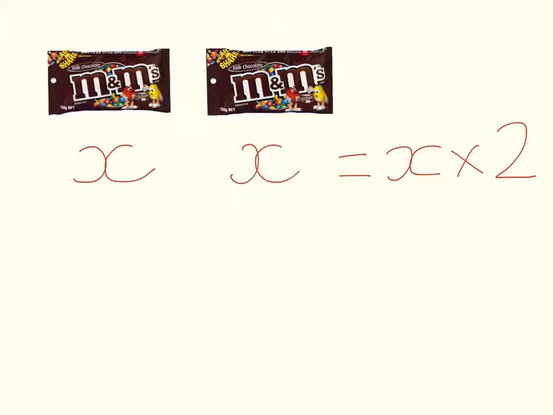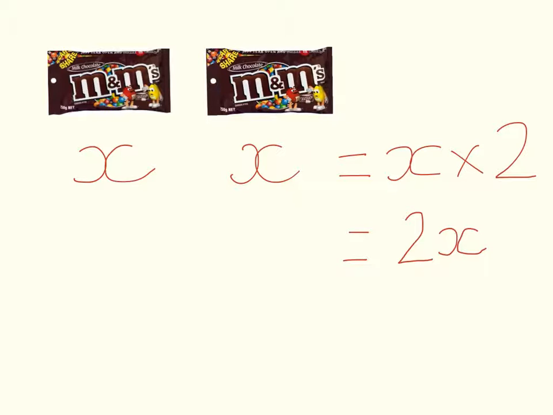But when we do algebra, we don't write X times 2. We don't like to use multiplication signs or division signs when we're doing algebra. So we usually write the number first, and we would call that 2x. In any case in algebra, whenever we write X times 2, it means the same as 2x.